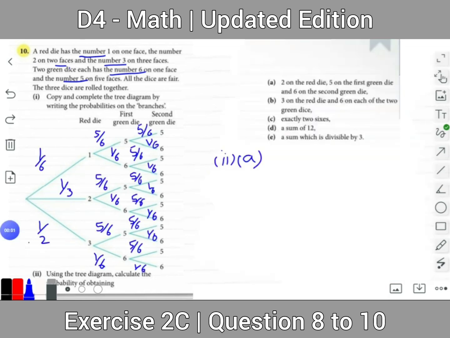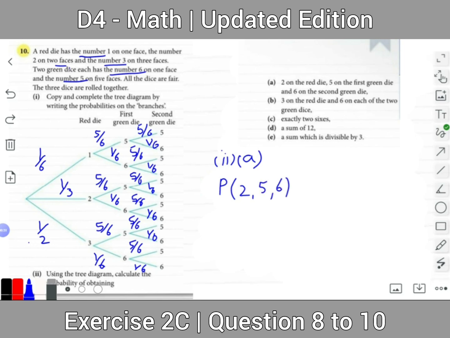Now in part 2, using the tree diagram, calculate the probability of obtaining, in part A, 2 on the red die, 5 on the first green die, and 6 on the second green die.